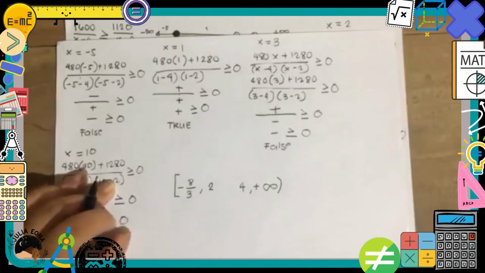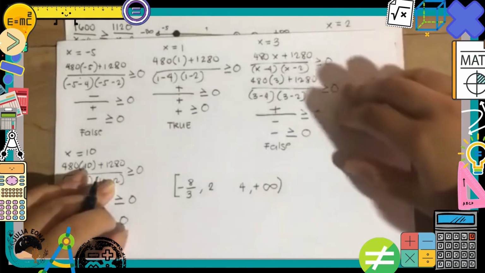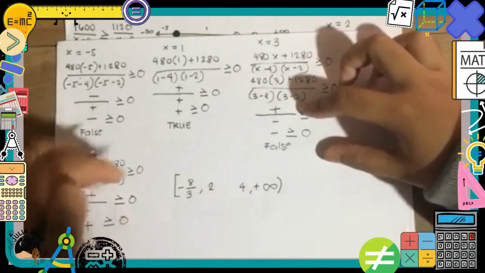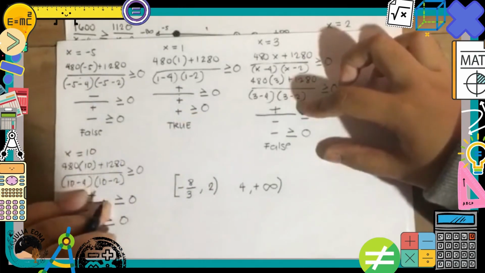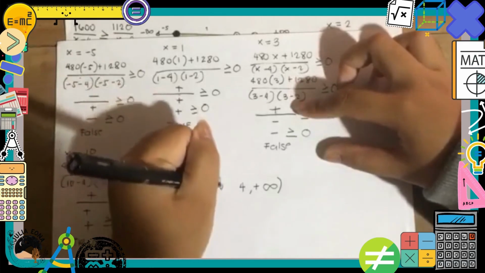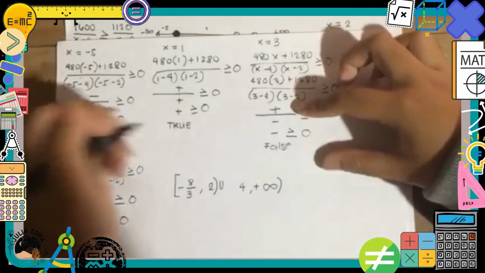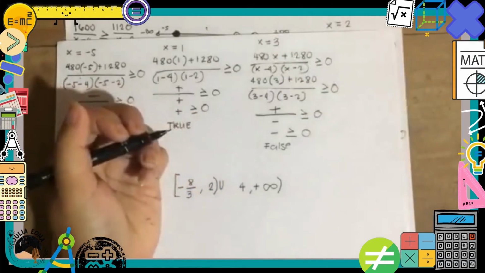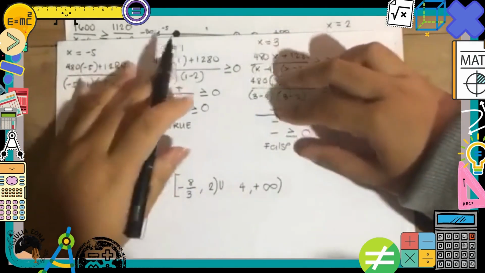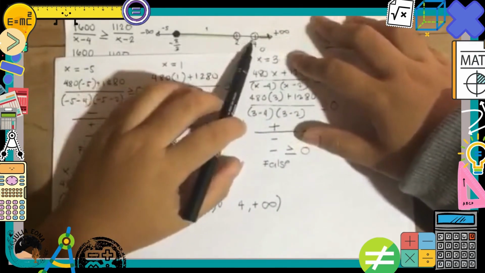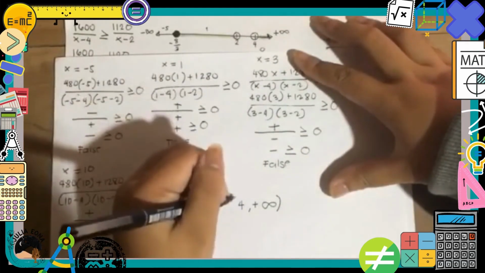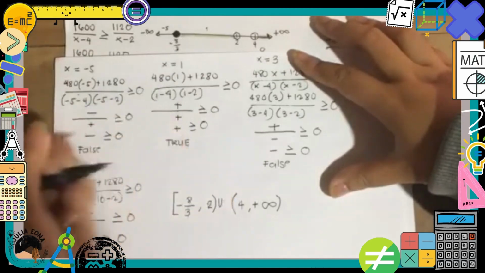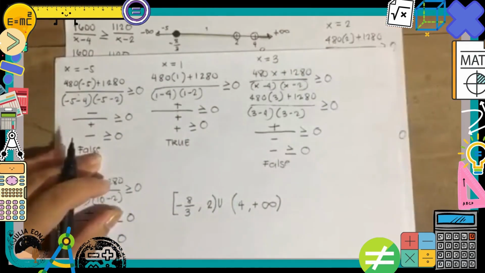Now, let's look at positive 2. It is not included in our solution, so I'm going to put a close parenthesis, and then union of 4. 4 is not included in our solution, as you can see here, so I'm just going to put a parenthesis.